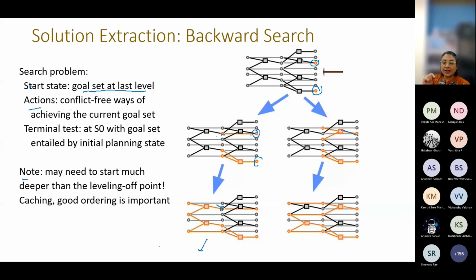The difference between GraphPlan solution extraction and original regression-based backward search is that because the exclusions are marked, between the actions and between the propositions at different levels, this search becomes much more constrained and efficient.